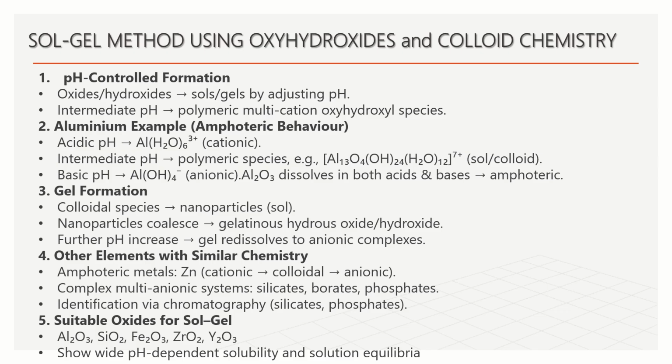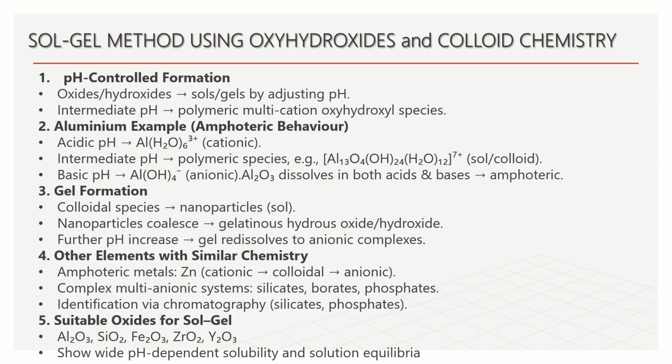At intermediate pH, the aluminium forms a huge variety of polymeric multication oxyhydroxide species, and these are the basis of sol gel chemistry because they form nanoparticles that come together to make gels. As base is added slowly to an acidic Al3 positive solution, several hydrolysis steps occur.